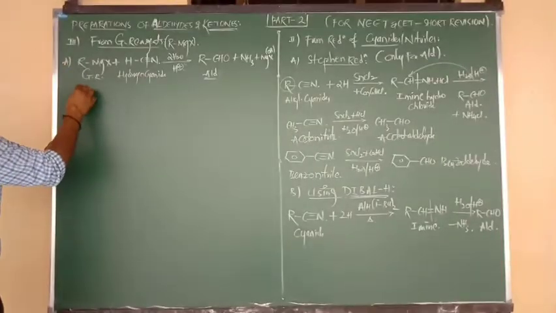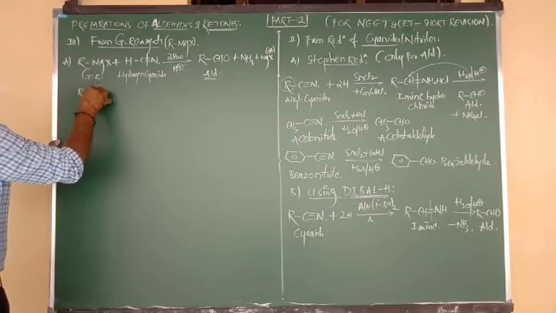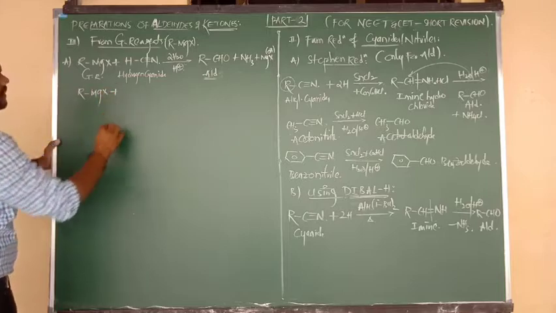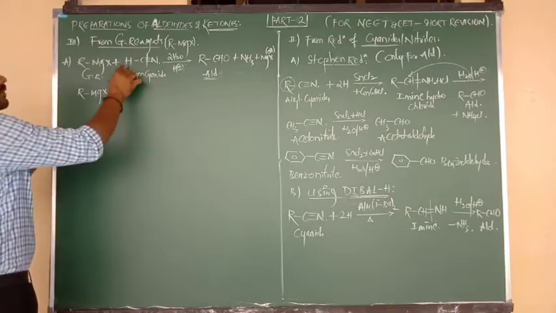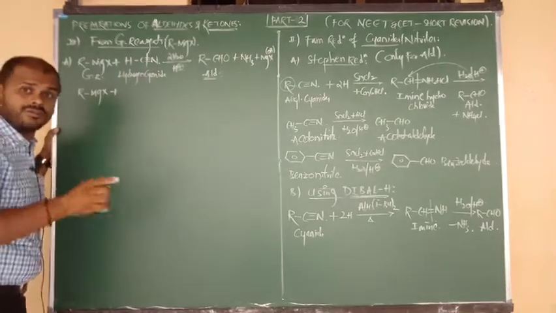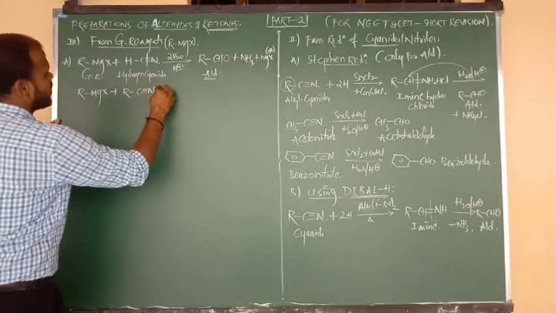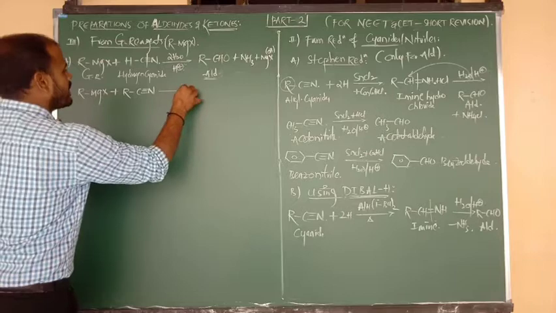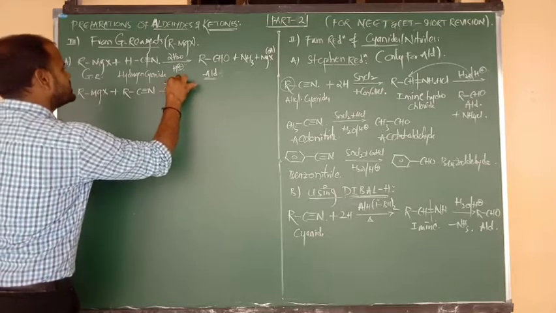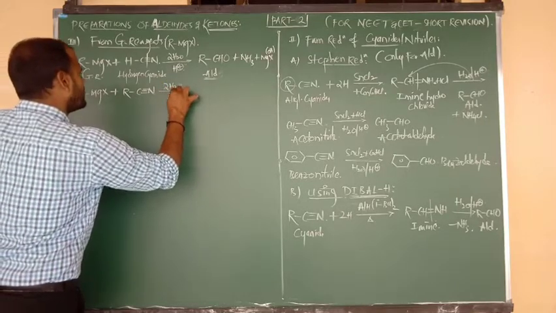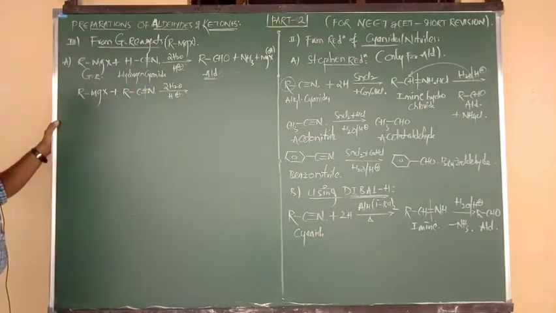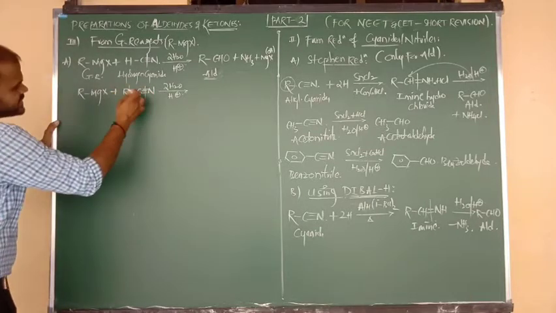Next, in that I want to discuss one more. RMgX, nothing but a Grignard reagent. It upon reaction with, first with hydrogen cyanide, now with alkyl cyanide, R bonded to C triple bond N, followed by what, beta? Hydrolysis. Hydrolysis in which medium? Acidic medium. Same thing, beta. Again the triple bond is going to break here. Already the R prime C group is there.